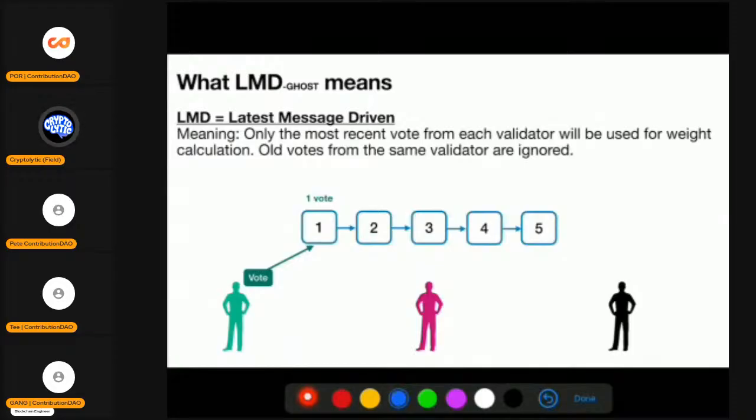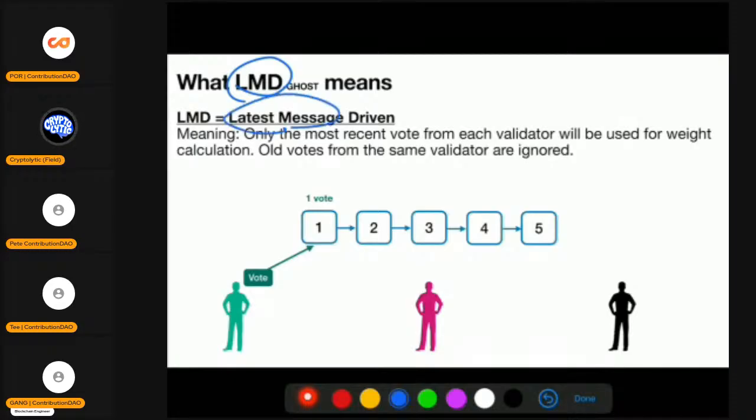So we will start with the LMD, or latest message driven. It's quite simple: if a validator makes a lot of votes, we are going to calculate their weight only from the most recent message, the latest message.